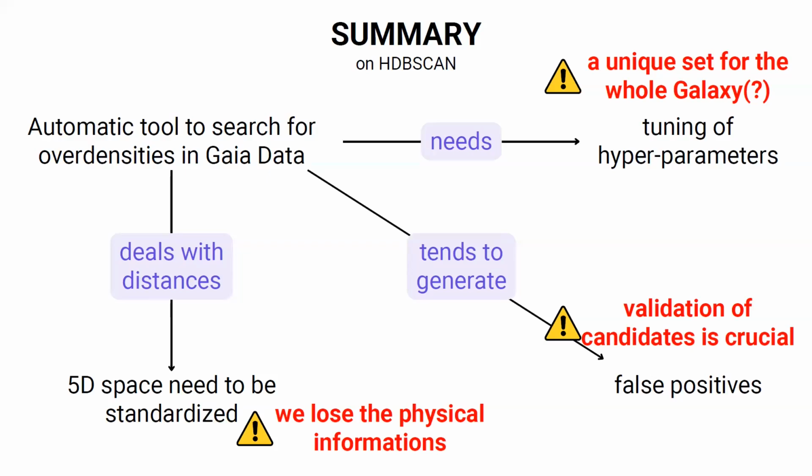They are candidates because they are overdensities in the data. As you saw before, you have false positives, but also things that are well clustered could not belong to something that is a real open cluster. So the validation is critical.